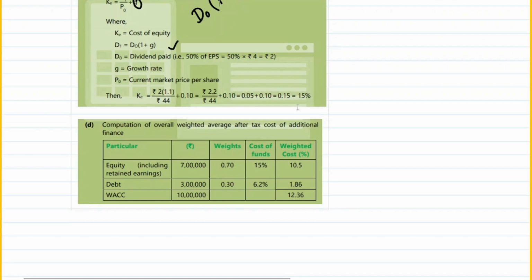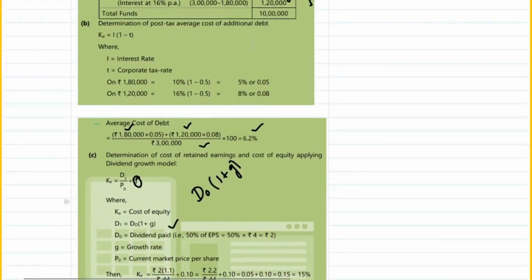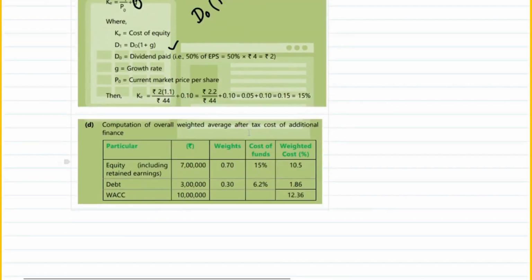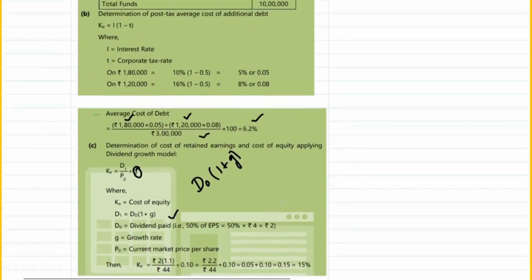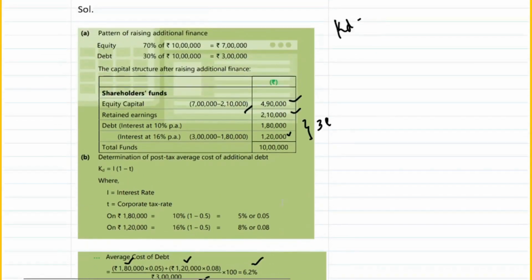Cost of equity, retained earnings, everything is 15%, and KD is 6.2%. They've calculated it for both 180 and 120 individually, and then aggregated it. It is 6.2. Then you multiply them and find your WACC, which is 12.36%. So I hope you've understood this question.